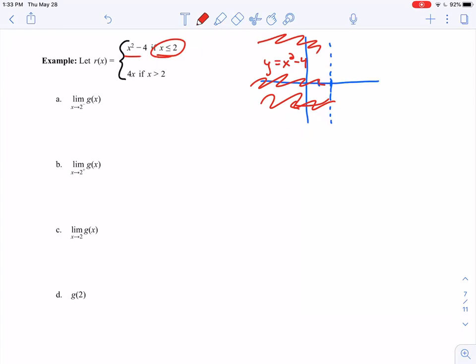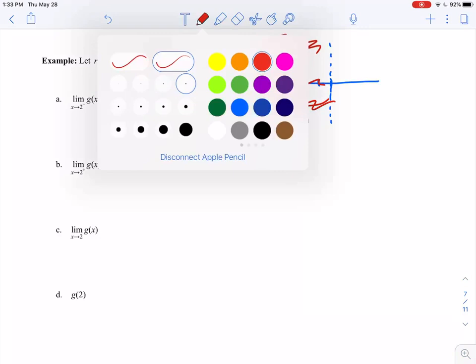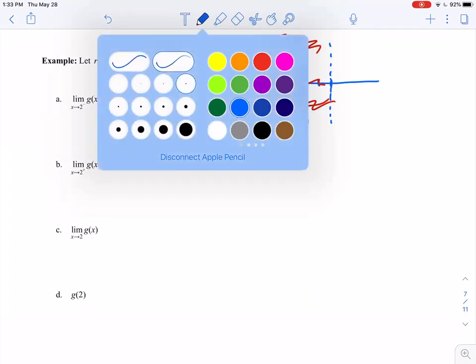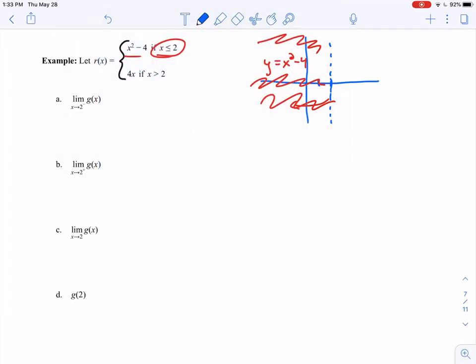Now, I don't need to graph that function, but I do know, hey, it's y equals x squared minus 4. But if I hop over to the other side, so if I'm on the right-hand side of 2, for values that are greater than 2, it's defined as 4x. So over on this right-hand side, it's y equals 4x. So that's this side over here.